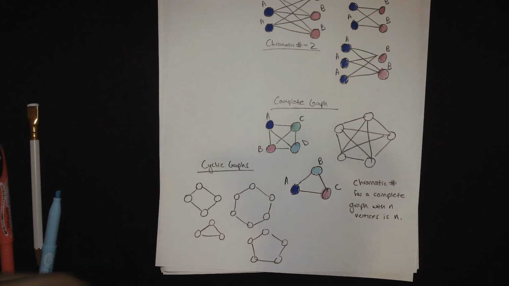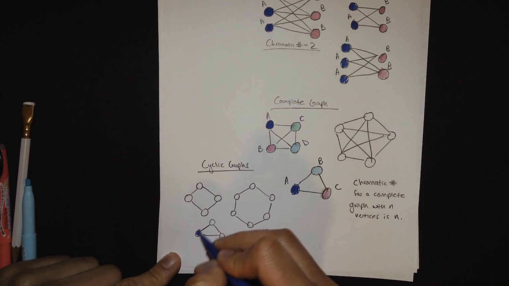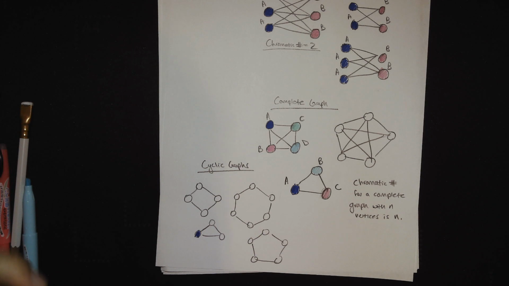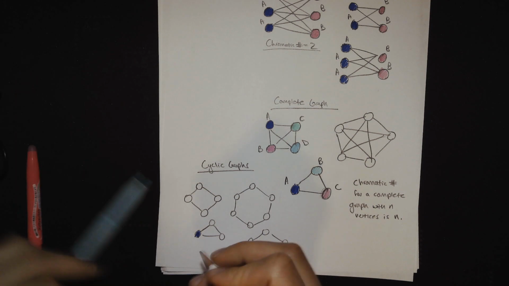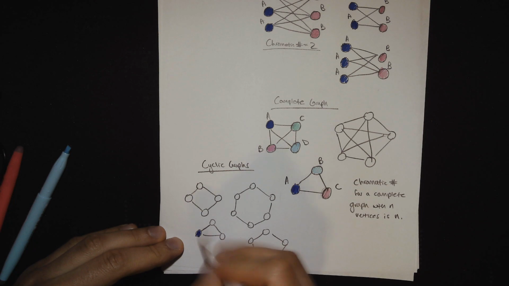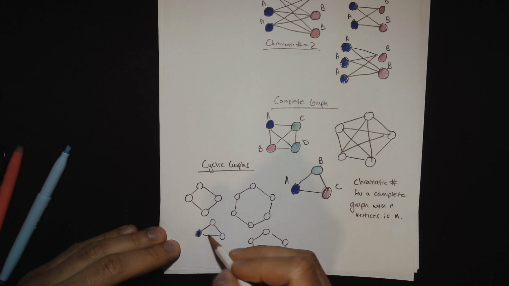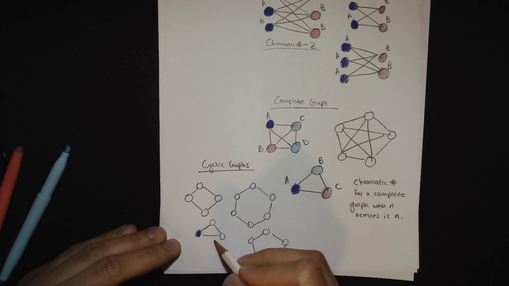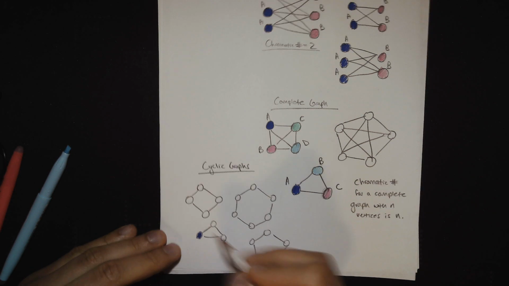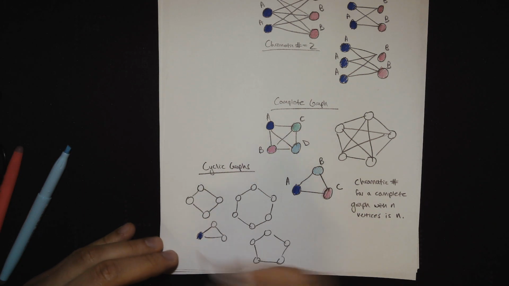If we start with something like this, this one right here with 3 vertices belongs to both graph families. This triangle-looking graph is complete because every vertex is connected to every other vertex directly by an edge, and it's also cyclic because of its shape.